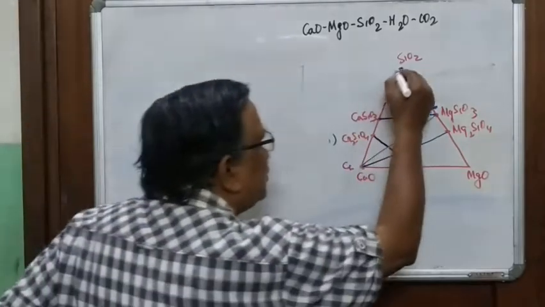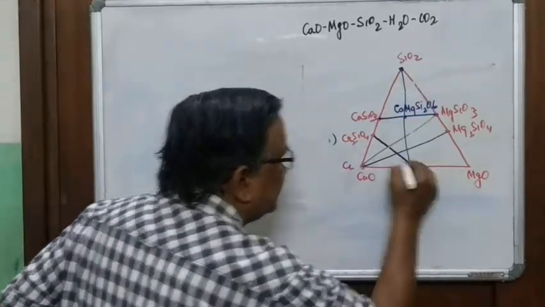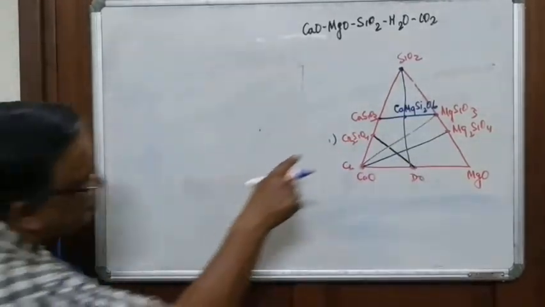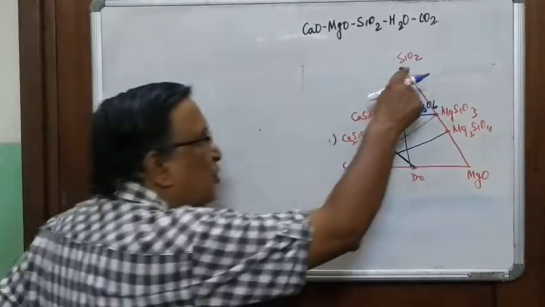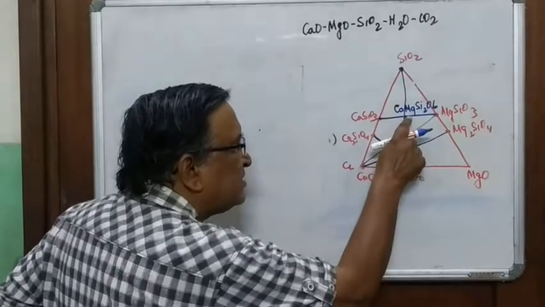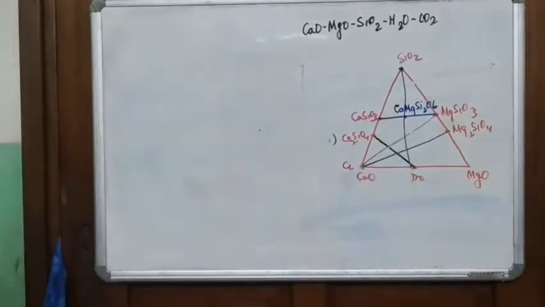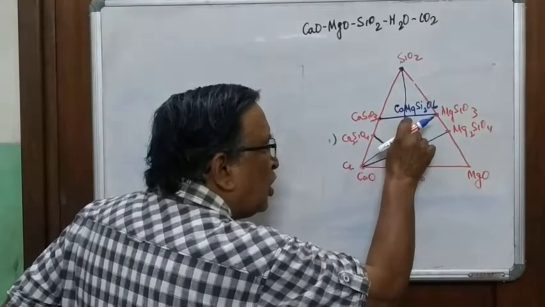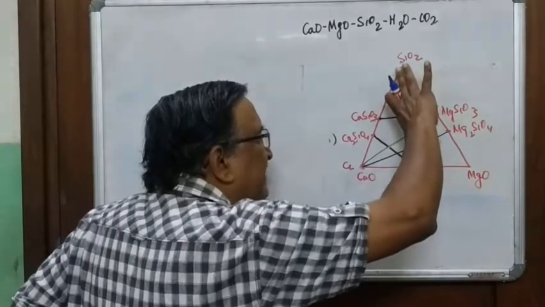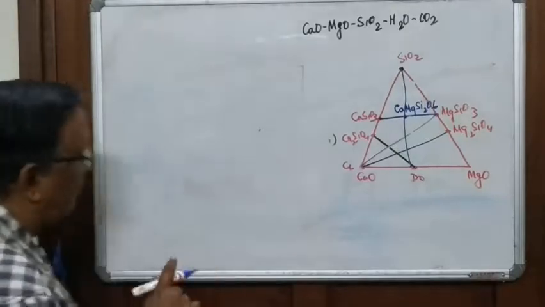So you see, if you drop a line at 50%, diopside will lie and dolomite will lie. So quartz, dolomite and diopside will lie on a vertical line. And the composition of the dolomite can be expressed by these two, quartz plus dolomite.